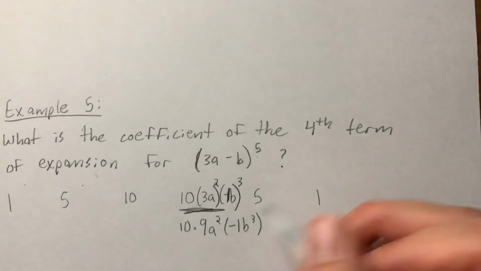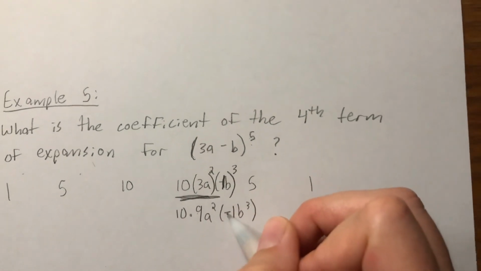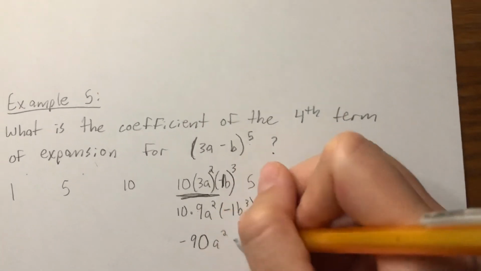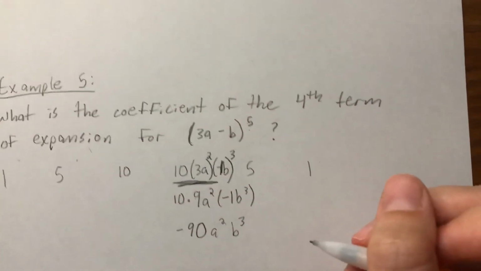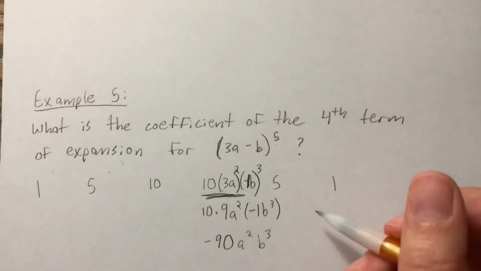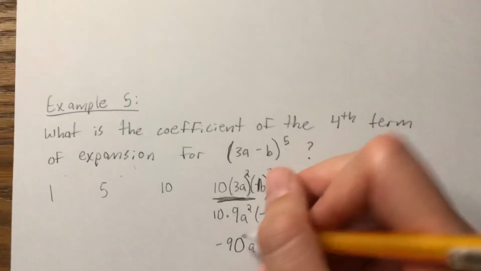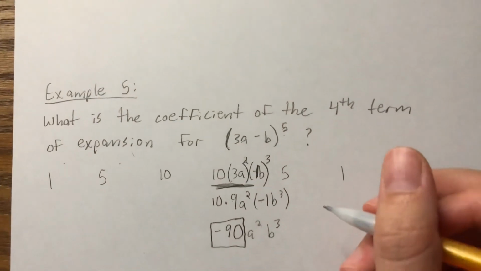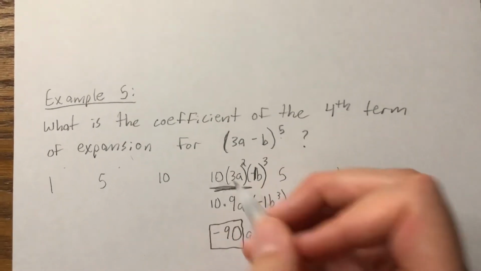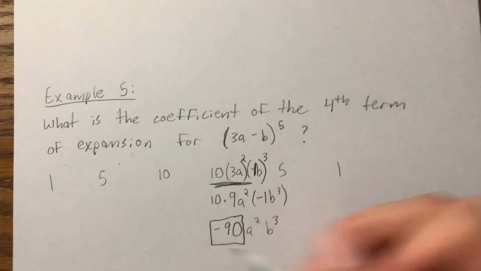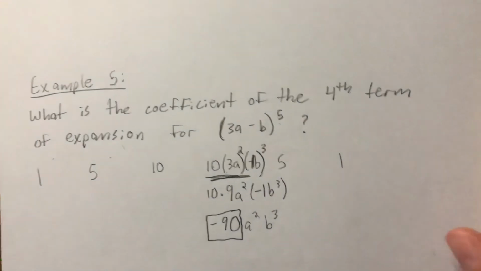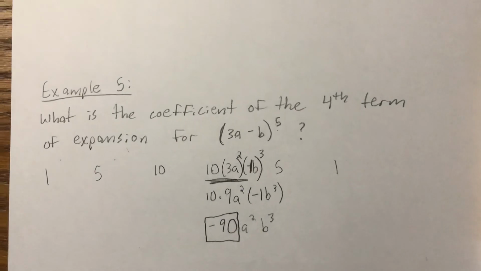Okay, so that's 10 times 9 times negative 1. So negative 90 a squared b cubed. Remember, the problem only asked for the coefficient, so that's just the number in front, negative 90. The original was a 10, but by the time we were done simplifying, it was negative 90. So that is the binomial theorem.